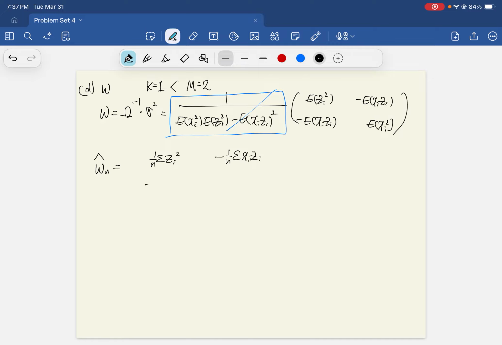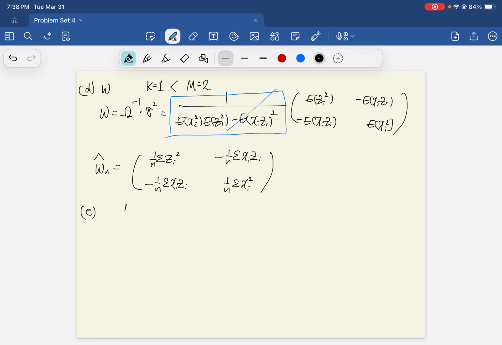Okay, so this is your weighting matrix. You may implement this to minimize and obtain the optimal GMM estimator. Okay, now let's think about the first order condition. The first order condition takes this form.